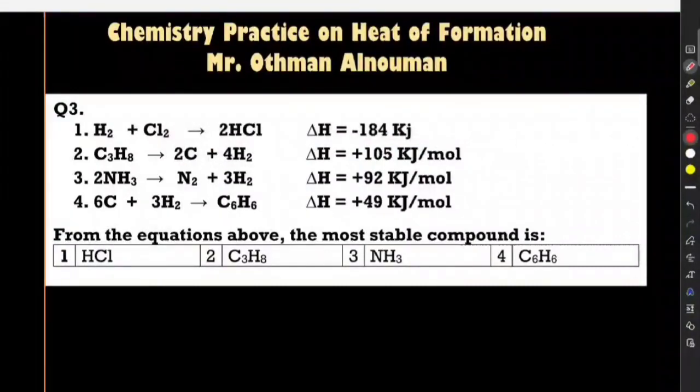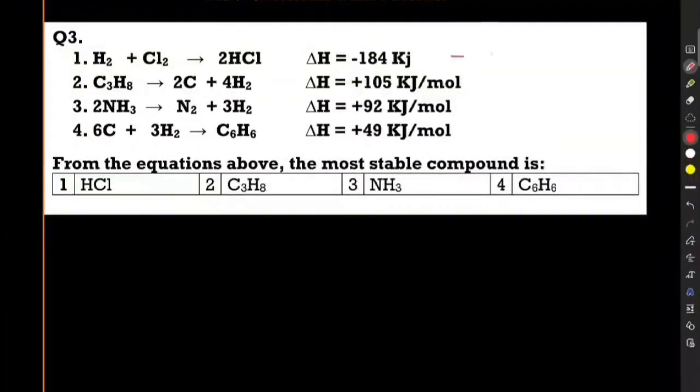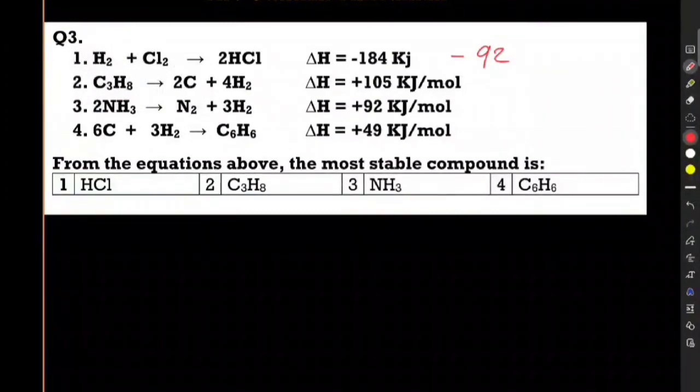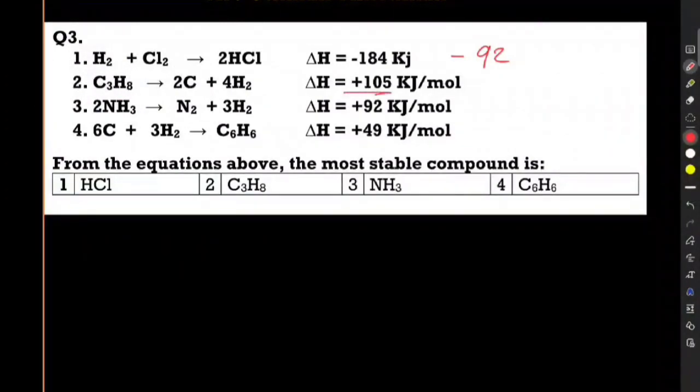Why? Because if you divide this over 2, it will be negative 92. So it is negative 92. Now, still it is the highest negative, right? No, it's not the highest negative. Why? Because let's see the second equation. The second equation is the heat of decomposition, not the heat of formation. Now this value 105 is the heat of decomposition of this propane.